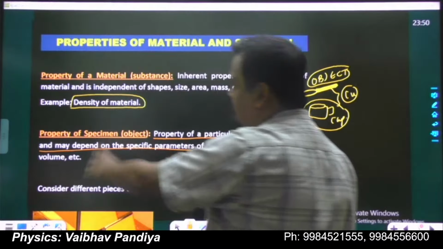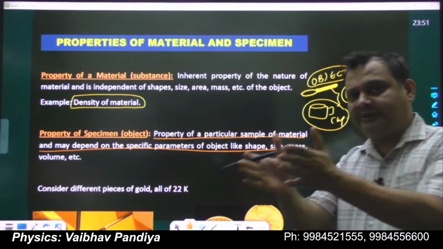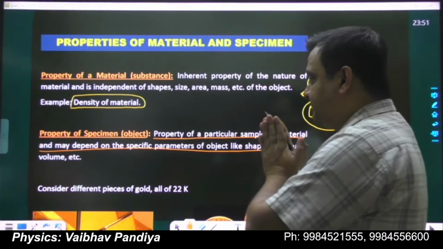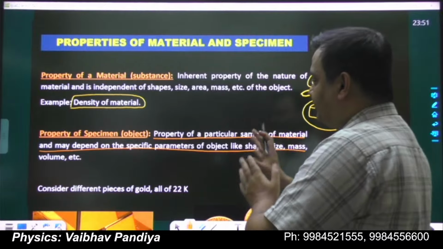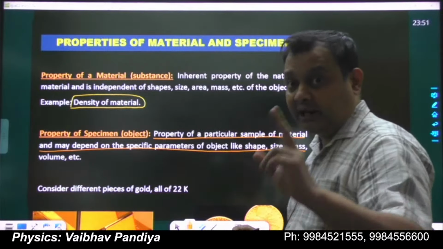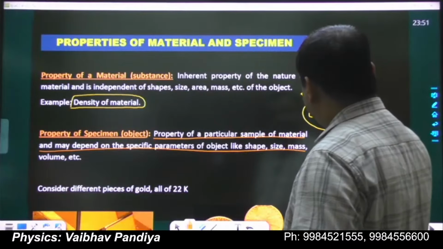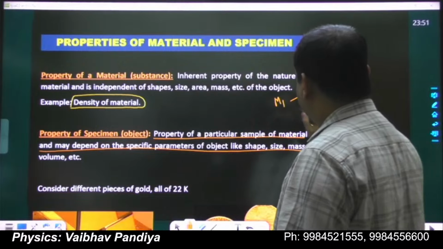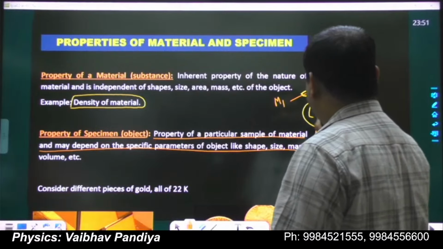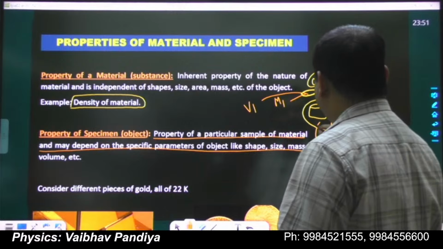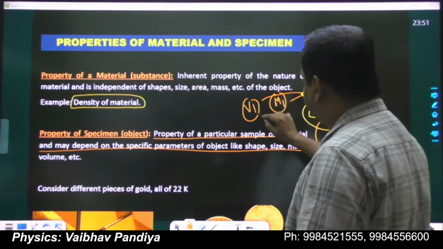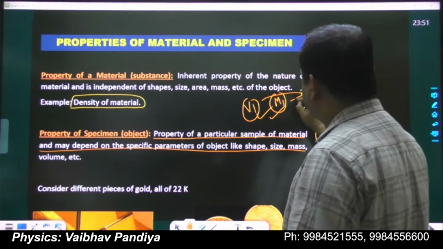So when you are talking about the property of a particular specimen, particular object, then that property depends on the parameters or properties of that object, like mass and volume. We have seen this spoon will have different mass and the cup will have different mass. The spoon will have different volume and the cup will have different volume. So you can see the mass and volume are basically the properties of the particular object, not of the material.